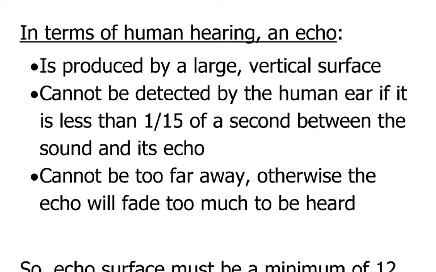Why can you sometimes hear an echo, and why can you sometimes not hear an echo? And here's basically the criteria that you need in order to be able to hear an echo. All right, so the echo should be produced usually by a large vertical surface, something like the wall of a building or the side of a mountain. Things like that are good at producing echoes.